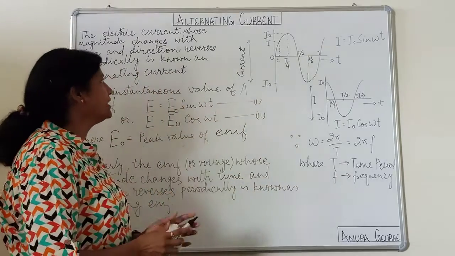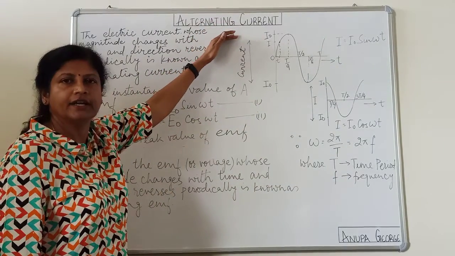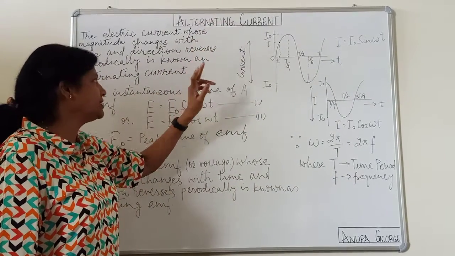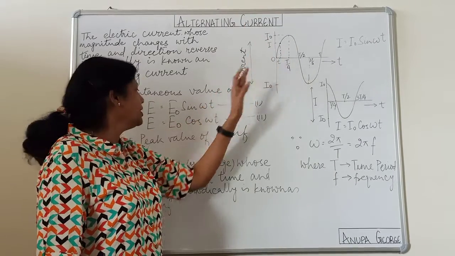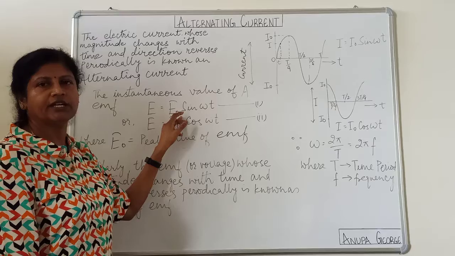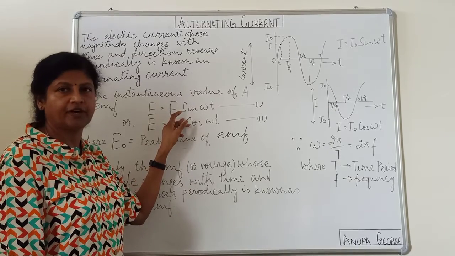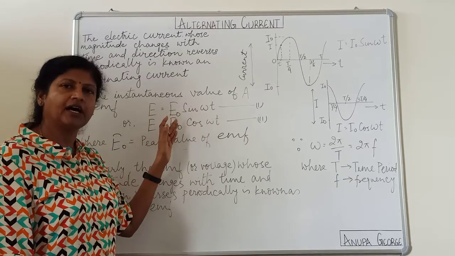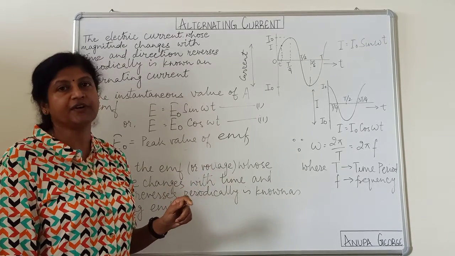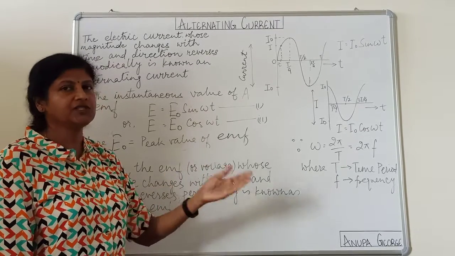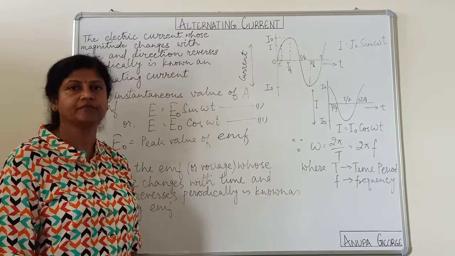In case of alternating current, we can calculate the peak value of current. Similarly, the peak value of alternating EMF. Now we will define the average value and RMS value of current as well as EMF.